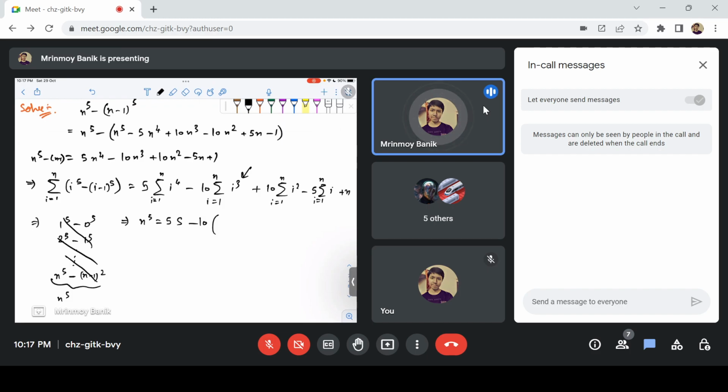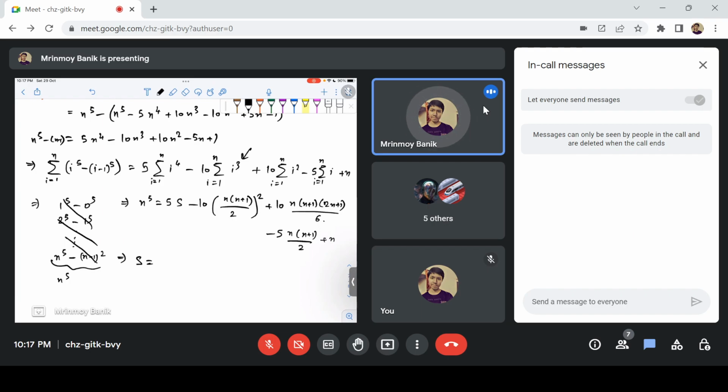Therefore, n power 5 equals 5s minus 10 times the sum of cubes, which I'm assuming we already know is n into n plus 1 whole squared by 2, plus 10 times this, which we already calculated, n into n plus 1 by 2 plus n.